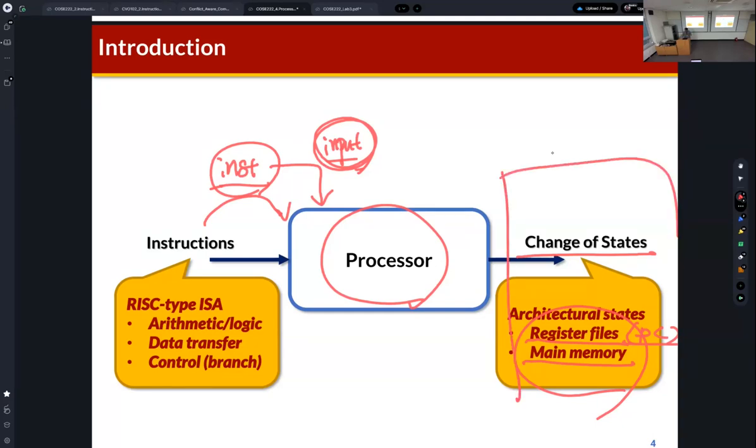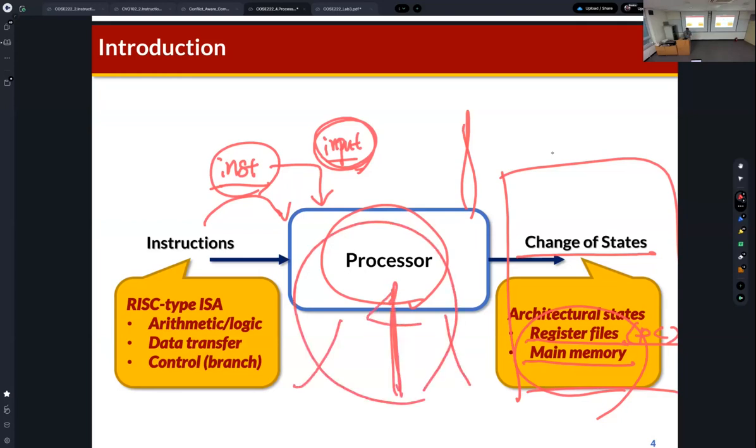This is the result of an instruction in a processor. This is a somewhat simplified version, actually related to the software developer.